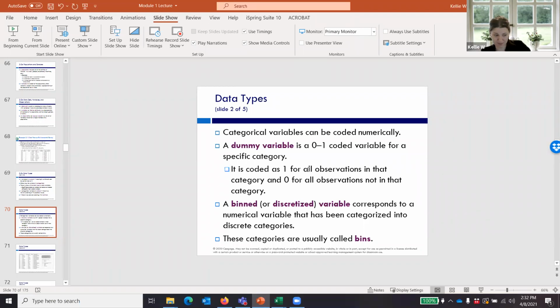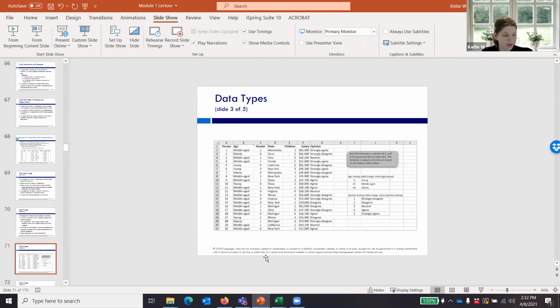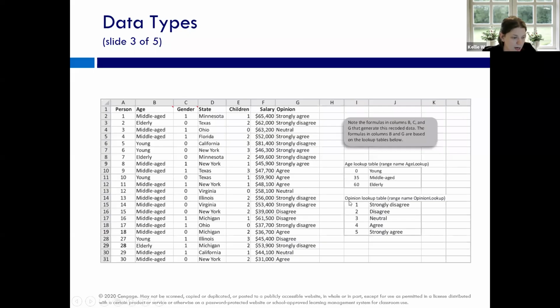We could also bin, which is basically, instead of doing 0 or 1, we create bins for that data. So in this example, they have these opinions, strongly agree, strongly disagree, and that we can't do anything with. But if we code strongly agree as a 5, so this is going to be ordinal because the order matters, 4 is agree, 3 is neutral, 2 all the way to strongly disagree, we could actually do a VLOOKUP.